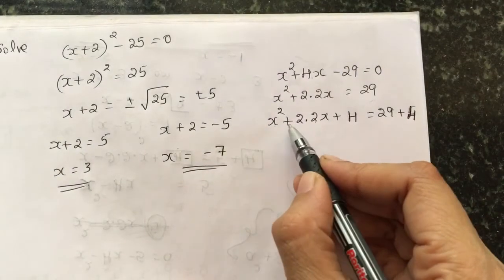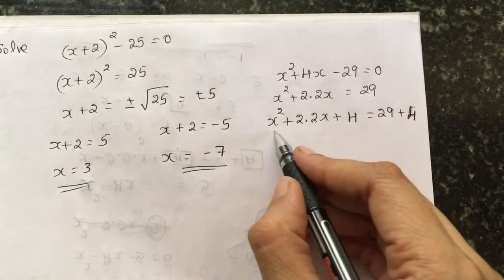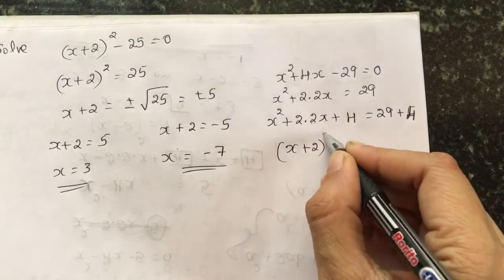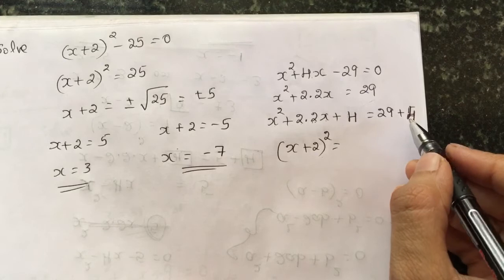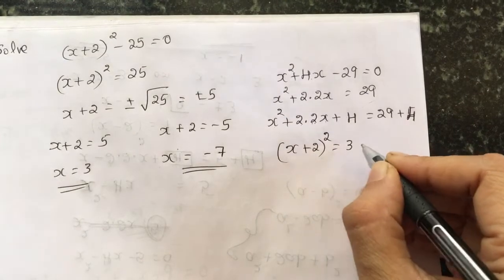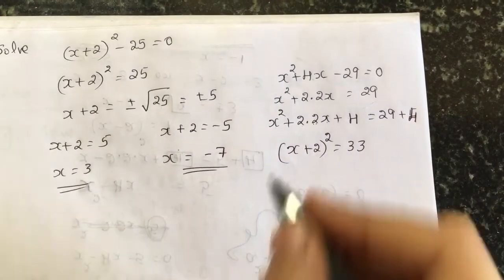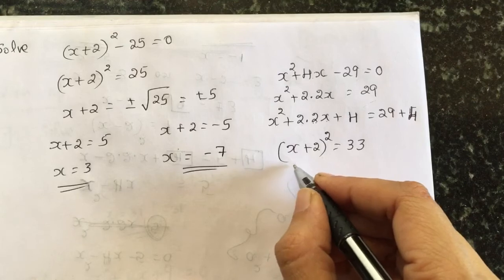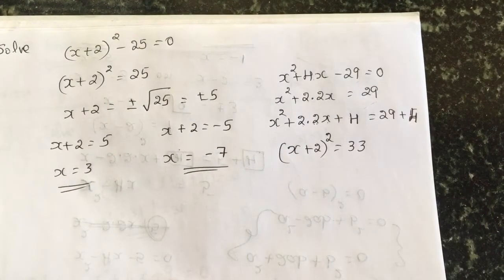It's a square plus 2ab plus b square, so I can write it as a plus b whole square. And the right hand side is 29 plus 4, so it's 33. Right? Now, x plus 2 whole square equal to 33. How come it should not be?